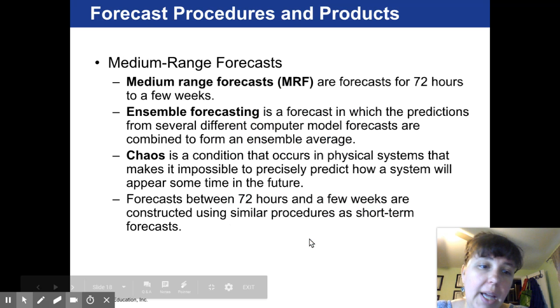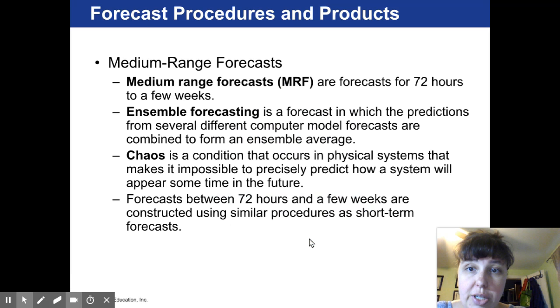Different types of forecasts are put on different ranges, and other than our daily forecast, which is our day-to-day, we can do what's called a medium range forecast. This gives me 72 hours to even the full week to a few weeks in advance, and that gives me kind of an outlook of what I can predict or see coming in the near distant future.